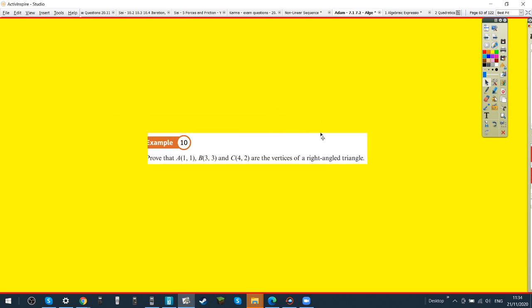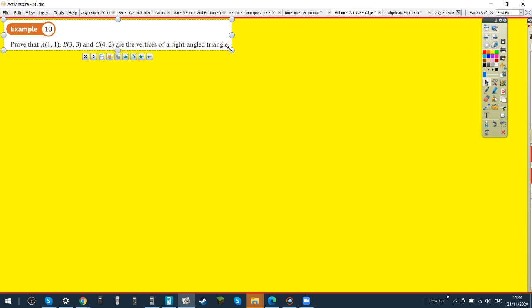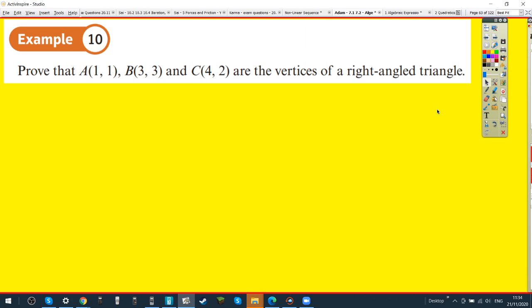How would you prove that a triangle is a right-angled triangle? Vertices are corners, right?